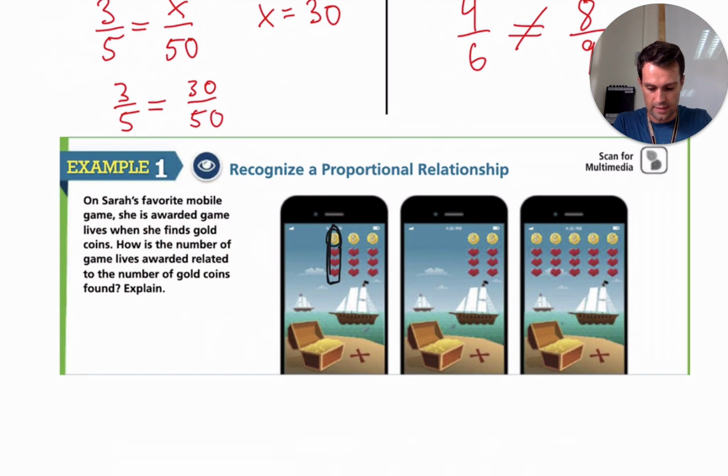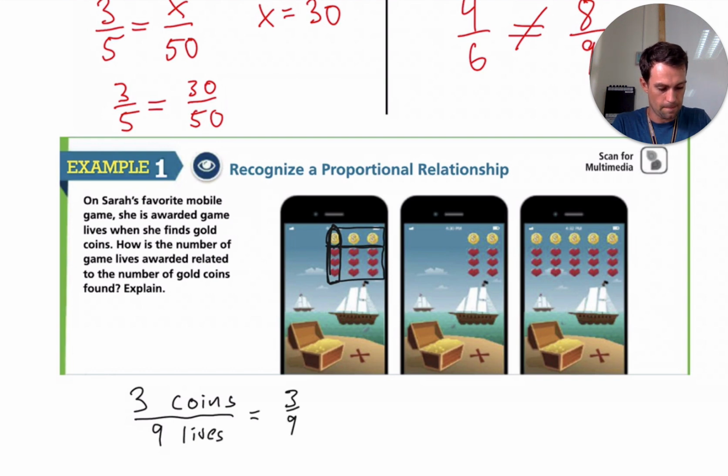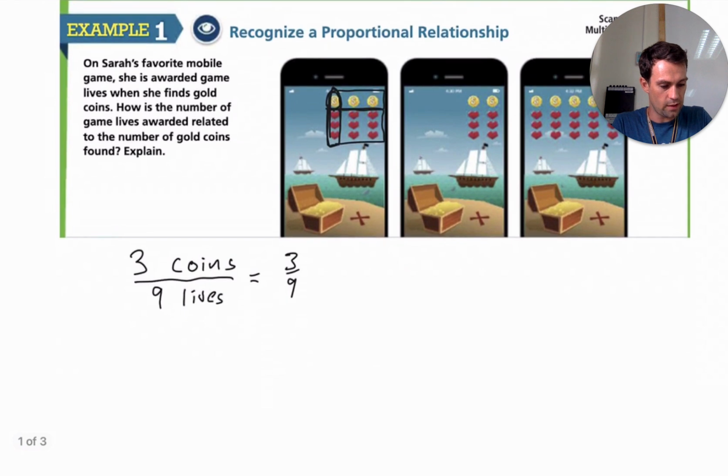Okay, so we can say that 3 coins is equivalent to 9 lives, which is 3/9.